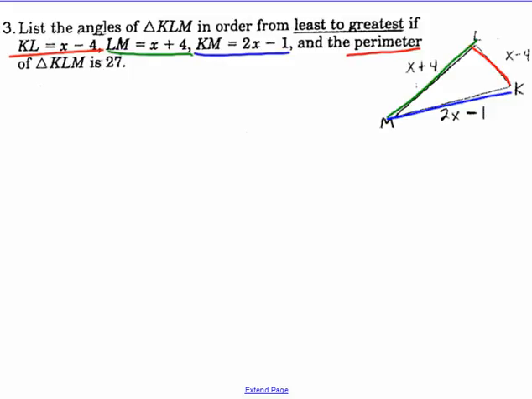So we're going to add all those up to equal the perimeter. So that will be x minus 4 plus x plus 4 plus 2x minus 1 equals 27.